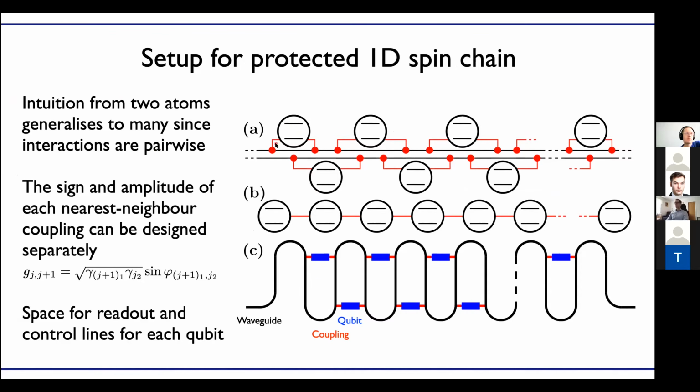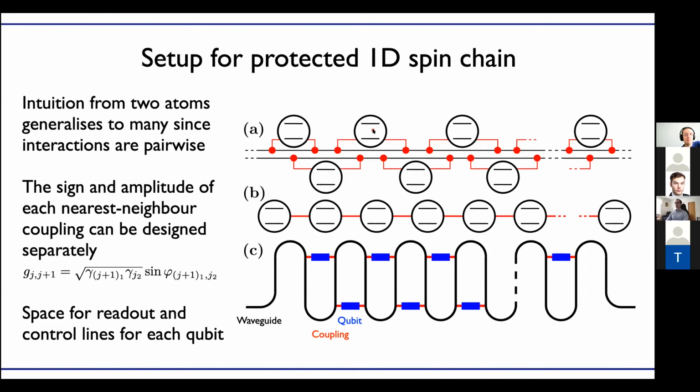So here is one example of a chain of atoms connected to a waveguide. If you look at them in pairs, the first and second atom here are in this braided setup with alternating coupling points: one from one, one from the other, and one from the first again. So they can have this protected interaction.